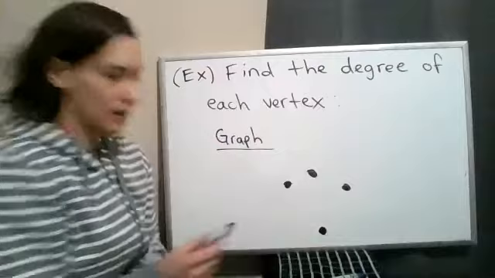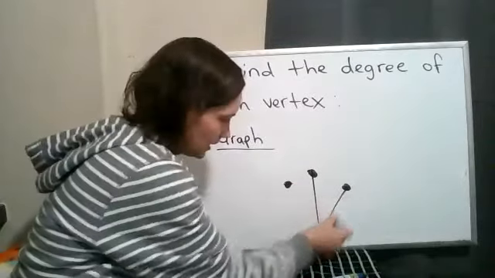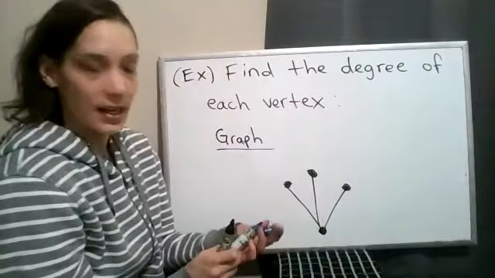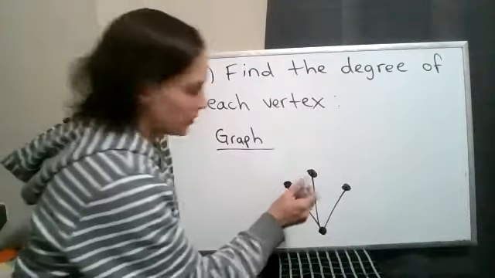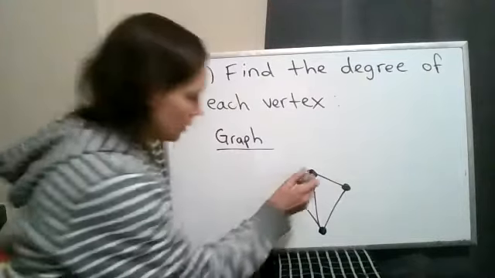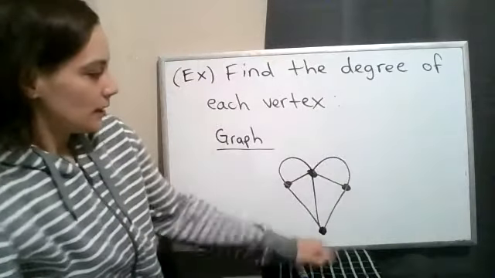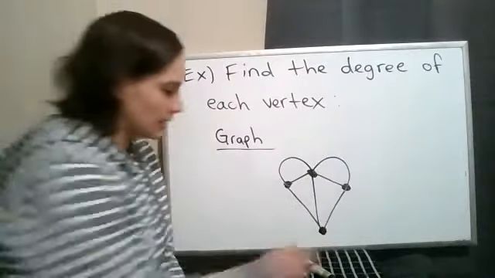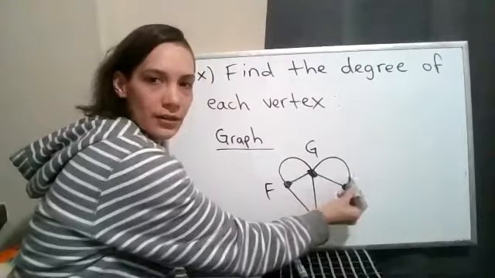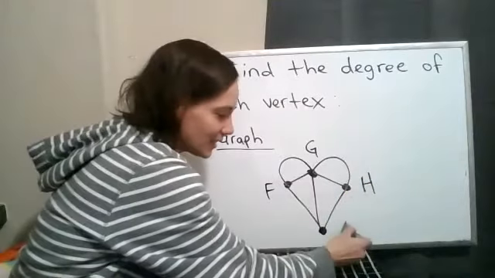We're going to connect, and connect. And let's just go straight here to here and make sort of a heart shape like this. I labeled the top vertex G. Across, we go H. And I put E.